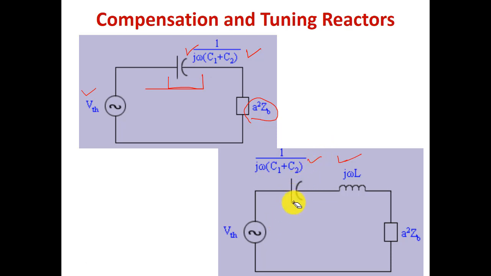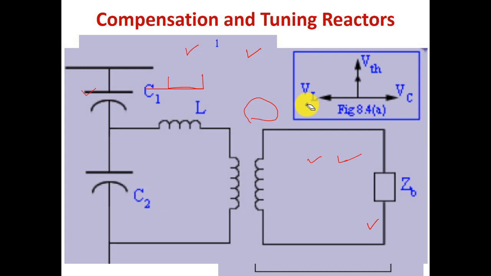After compensating the capacitance using the tuning reactor, the Thevenin voltage VTH, that is the voltage across C2, will be directly fed to the burden, right? Therefore we need the tuning reactor. Also, the tuning reactor has an added advantage, we will see it in the future classes. Now we can see how the tuning reactor helps in compensating.